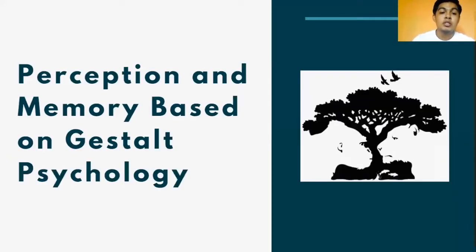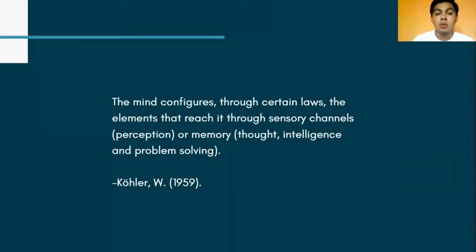And now the perception and memory based on Gestalt psychology. Well, according to Kohler, one of the founders of this theory, in 1959, the mind configures through certain laws the elements that reach it through sensory channels like perception or memory, like thought, intelligence, and problem solving.